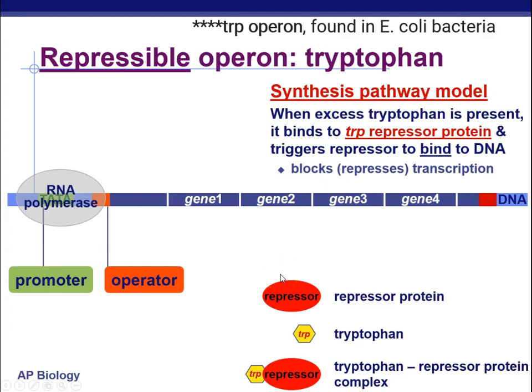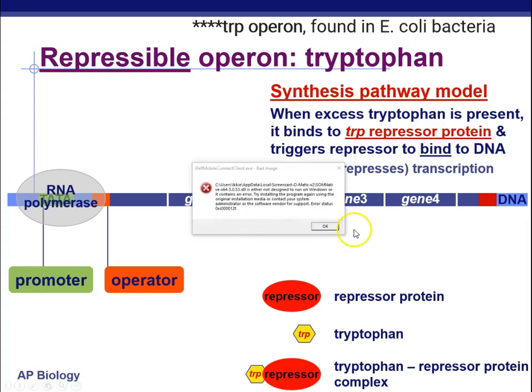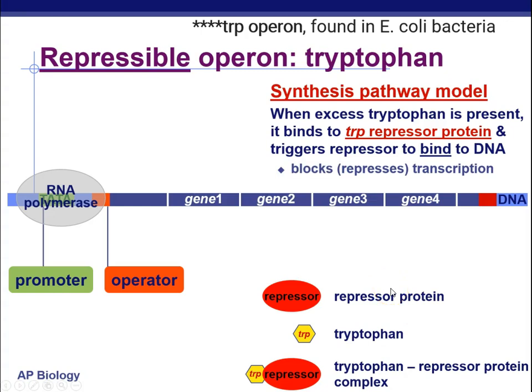This is an operon found in E. coli bacteria. Remember how prokaryote genomes look, that they are not in a nucleus because prokaryotes do not have nuclei. The genome is basically a circular chromosome floating around in the cytoplasm. And so now if you can visualize this, we're actually grouping certain genes together.